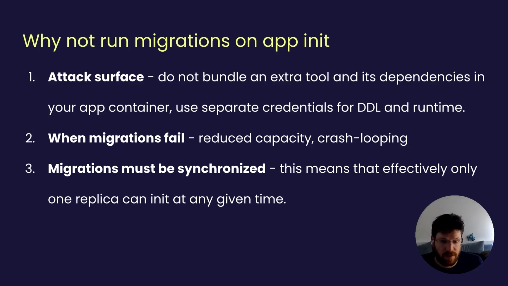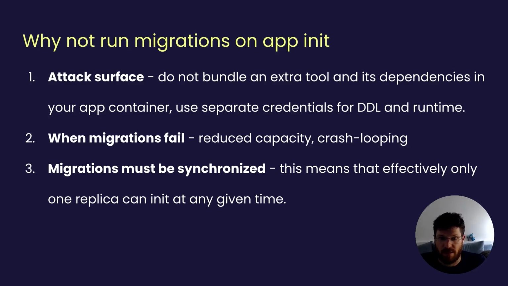So if you have 100 containers and all of them during initialization try to migrate your database schema, you're either going to need to mutually exclude them, meaning they must load one by one, you're going to wait for the lock to start working, or you're going to need to change your deployment rollout strategy to effectively be one by one.